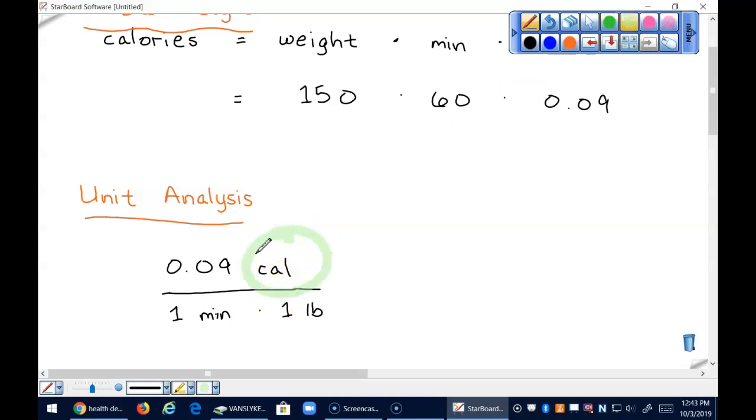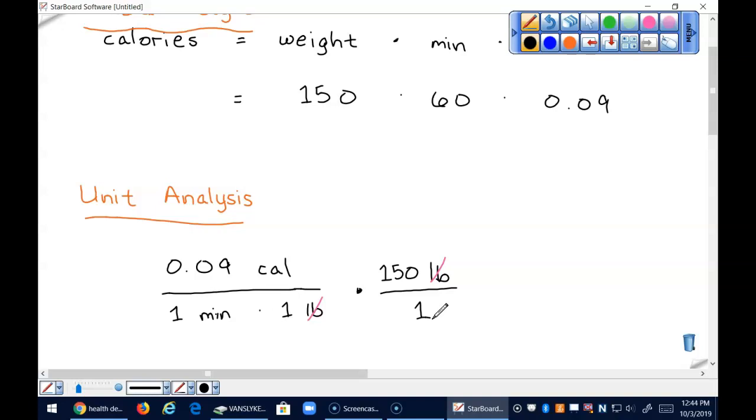I don't want the minutes and pounds. I want to get rid of them. So how would I do that? I would multiply by something that has pounds in the top, so that will cancel. In this case, Arthur weighed 150 pounds. If it makes you happy, you can put it over 1. Any plain number you can put over 1 and it doesn't change it.